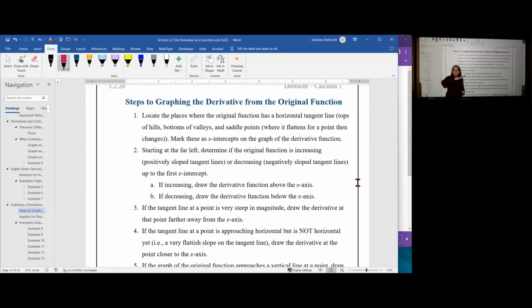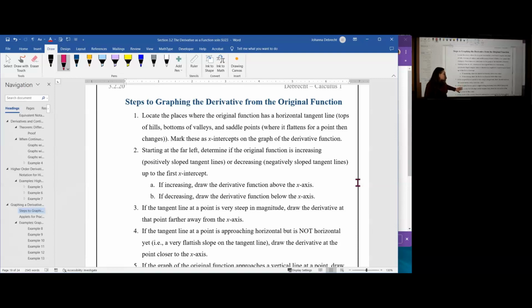If the line is relatively flat, but still slanted, it still has a slope that's not zero, but small in value. Those get graphed close to the x-axis because the value of the derivative is small.